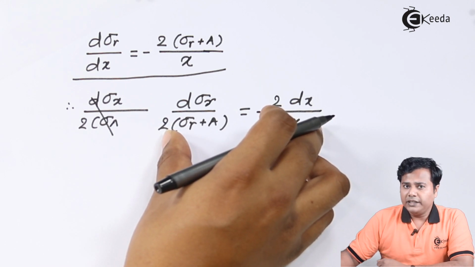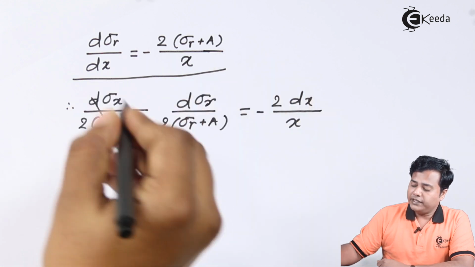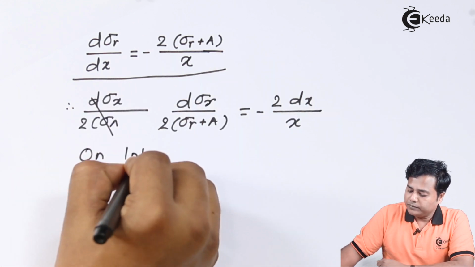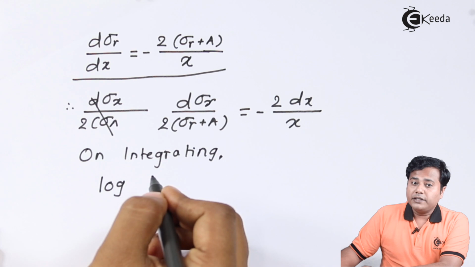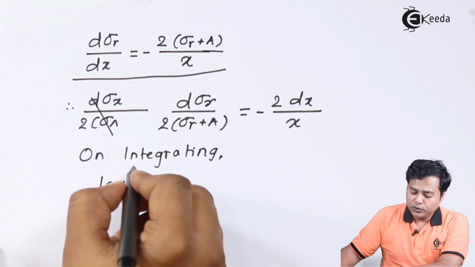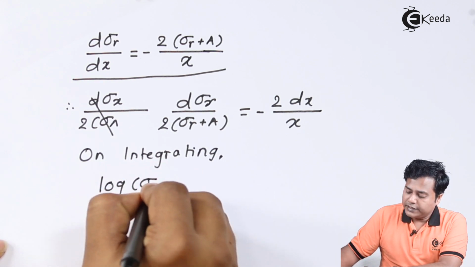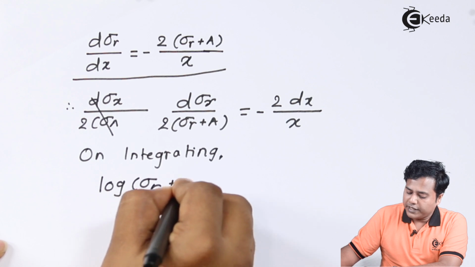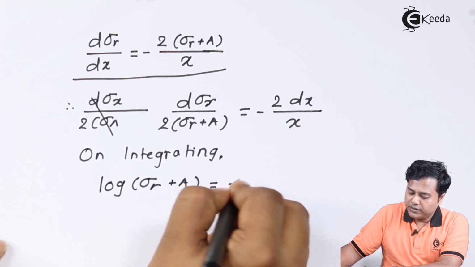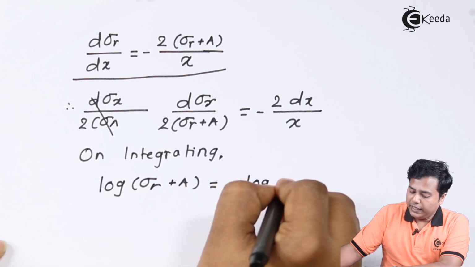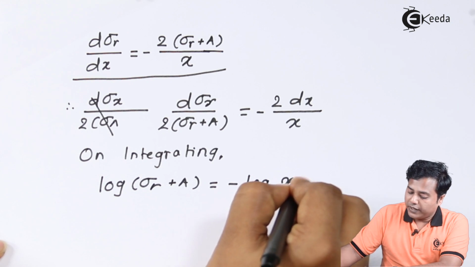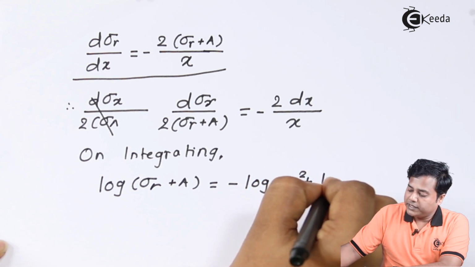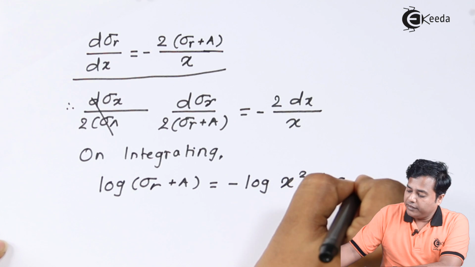Upon integrating, it's a natural logarithm, so log to the base e, we will get sigma r plus a equal to minus log to the base e of x square plus log to the base e of b.